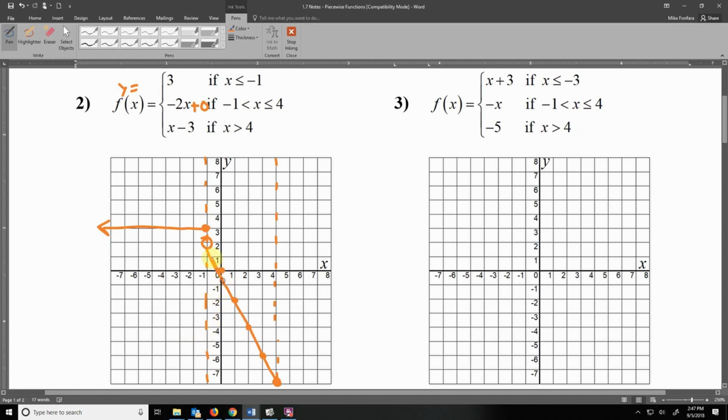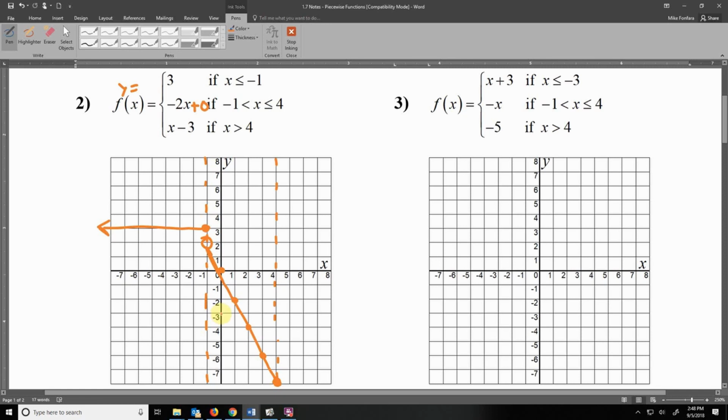So that is the second portion of my function. So then y equals x minus 3, but only for x greater than 4. So this line here and to the right. I still have to start at my y-intercept of negative 3, but I can't actually graph it right there.